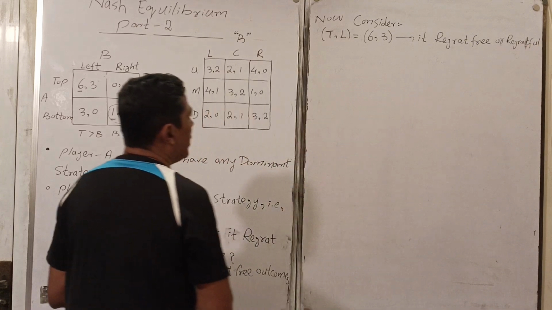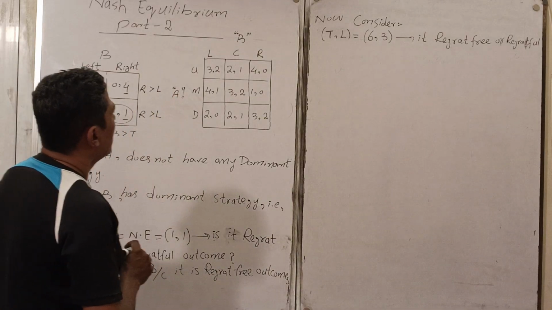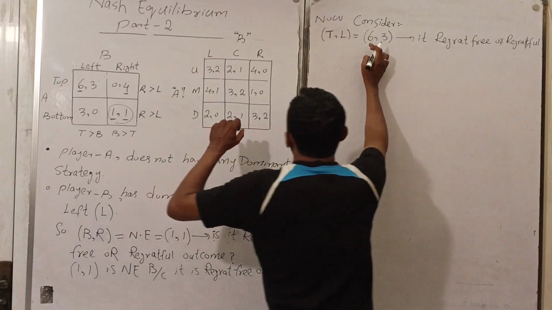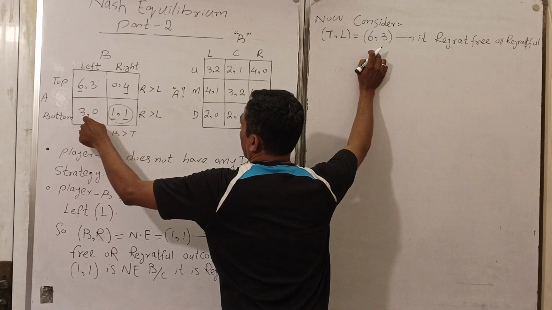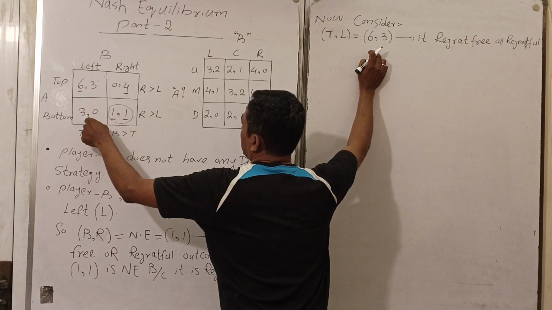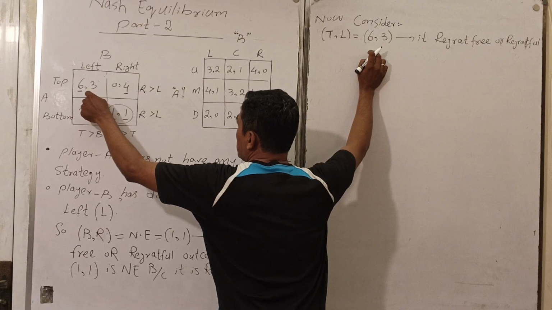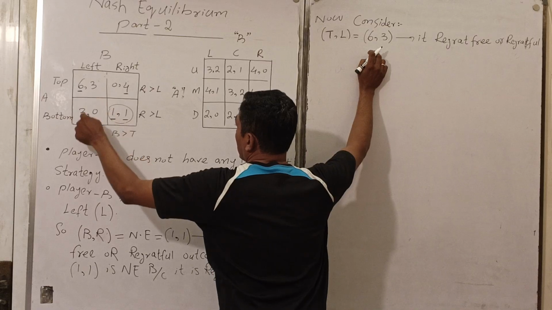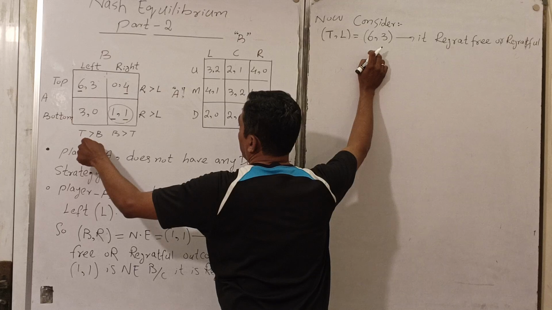Regret free or regretful? So now look at this one. When we compare 6 and 3, clear? So now individual A is better than here in case of top.